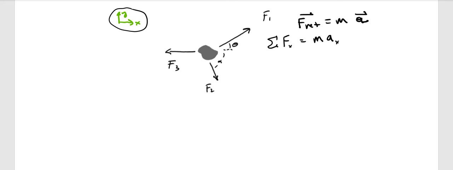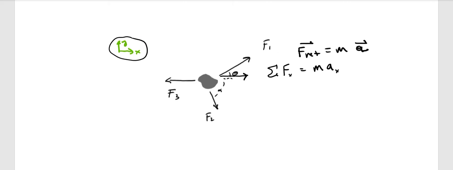Now, when we look at this free body, let's talk about force 1. Force 1 has a component to the right, adjacent to the angle theta, and a component upward, opposite to theta. In fact, maybe I'm going to go back and color code those components. I guess we'll use this green here.